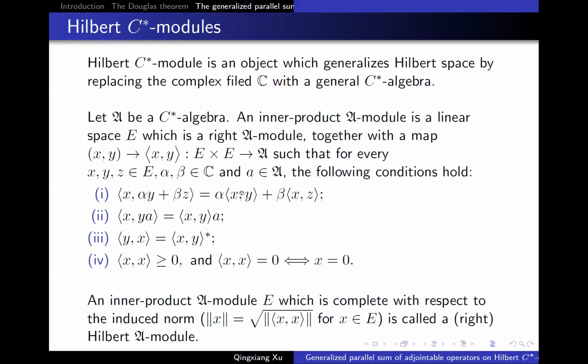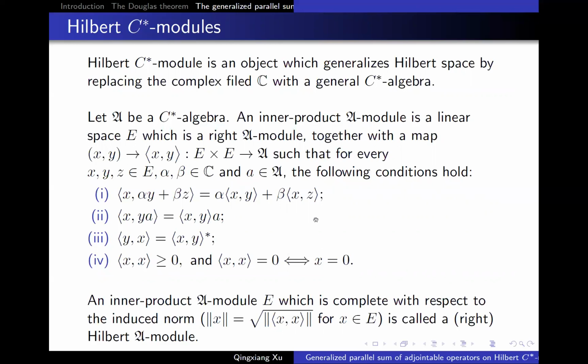I just want to mention that the first axiom, the third axiom, and the last turn out to be the same as those in a Hilbert space. But the second one should be new. And for the last one, I want to mention that here the inner product of X and X is actually not a number, but a positive element in the given C* algebra.